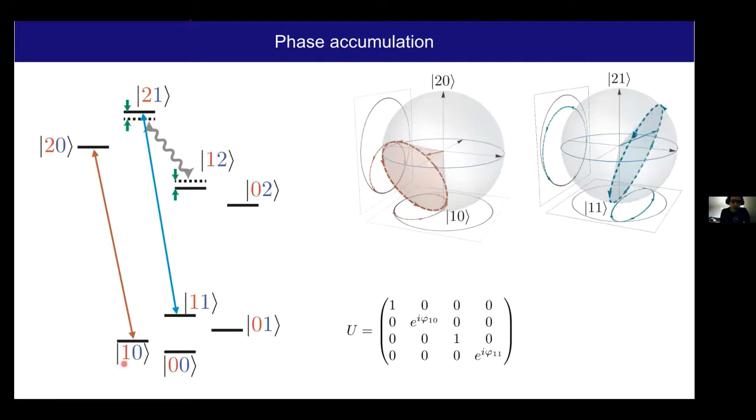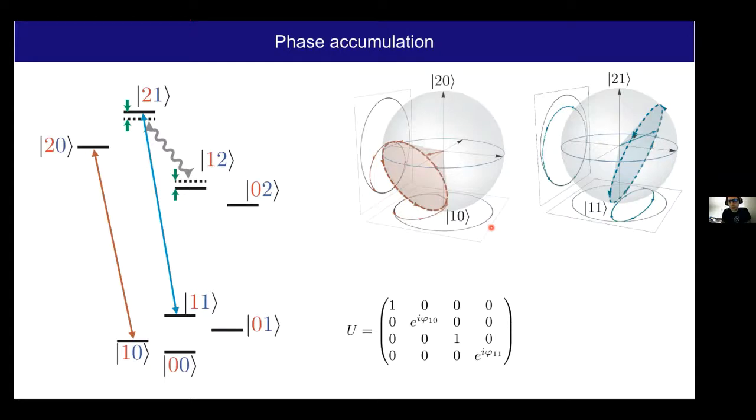So if this condition is met, we can think of the trajectory of the quantum state in terms of a Bloch sphere between the 1020 state and 11 and 21 states. So in this Bloch sphere, the quantum state is following a closed trajectory, and it's coming back to the 10 and 11 state. The other tuning knob that we have is the drive amplitude.